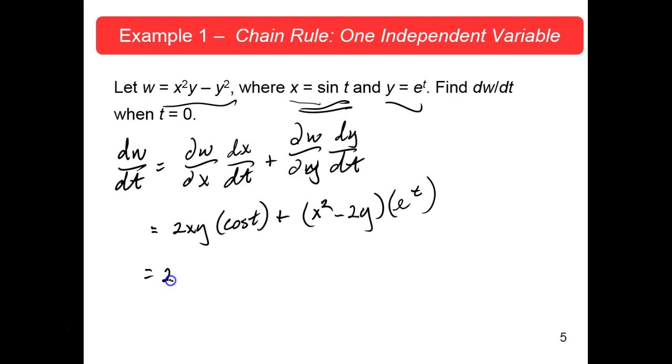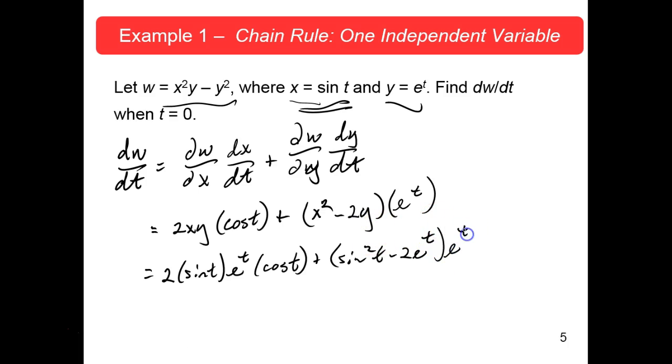So this is 2 times sine t times e to the t times cosine t plus sine squared t minus 2e to the t times e to the t. Okay? Let's see if we can make that make a little more sense.